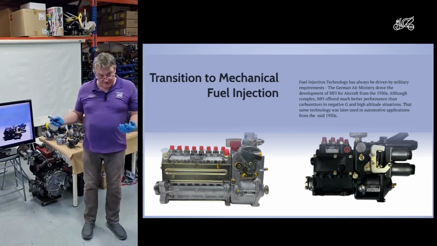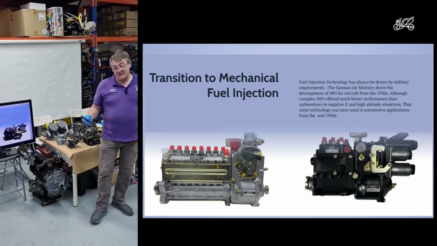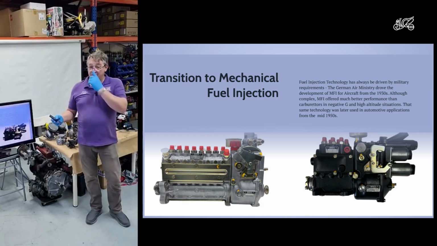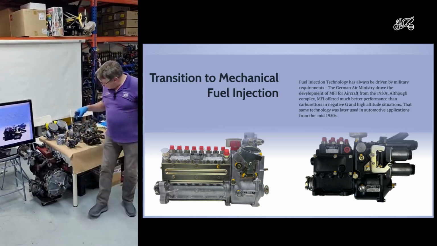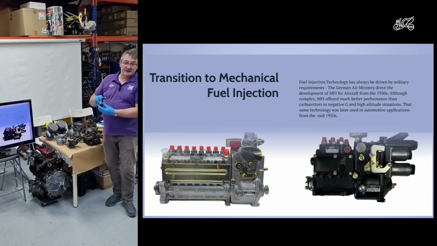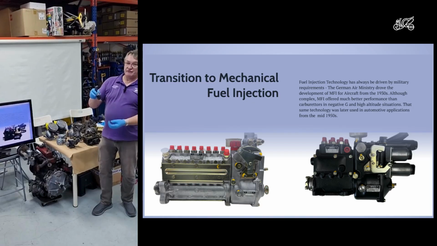In the build-up to the Second World War, the German Air Ministry especially recognized that carburetors are not much good in an aeroplane. Just as I said about this float chamber, it's actually relying on gravity to work. So if I get into a 0G situation, this float doesn't float anymore.